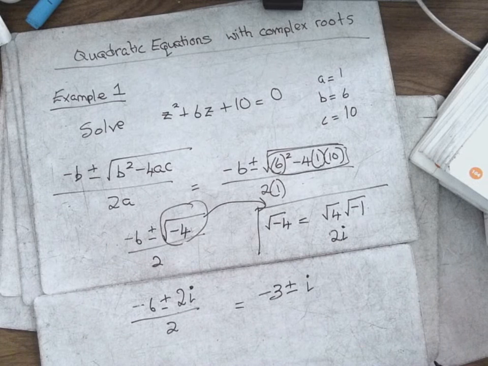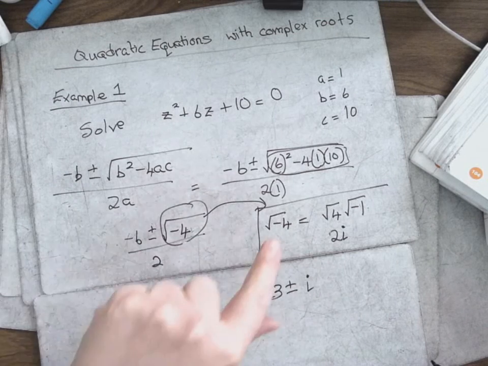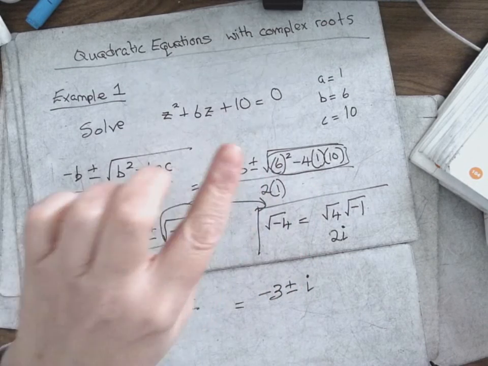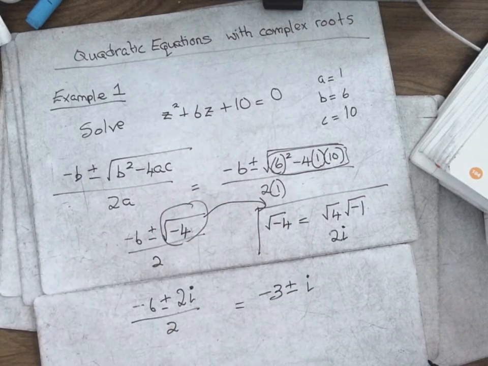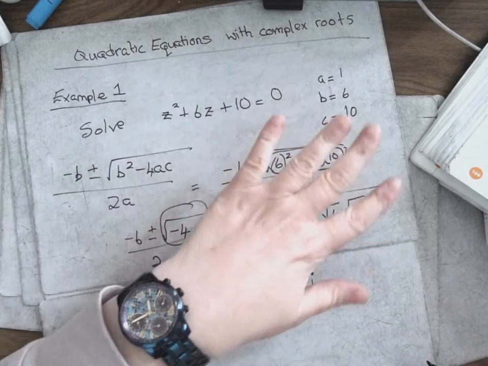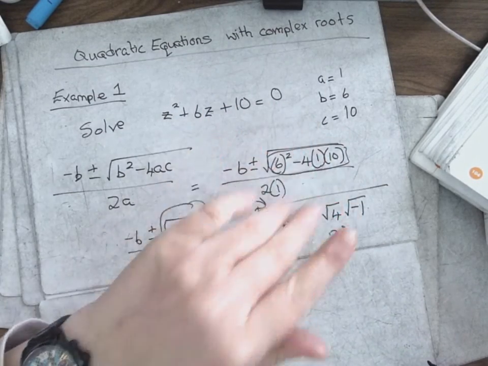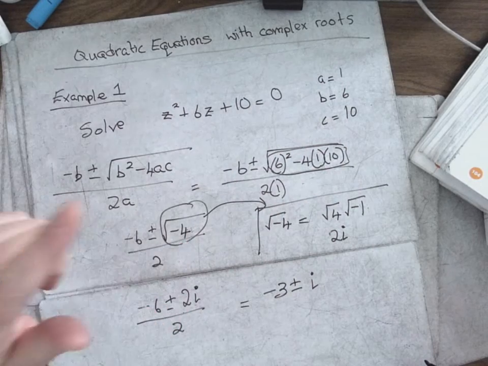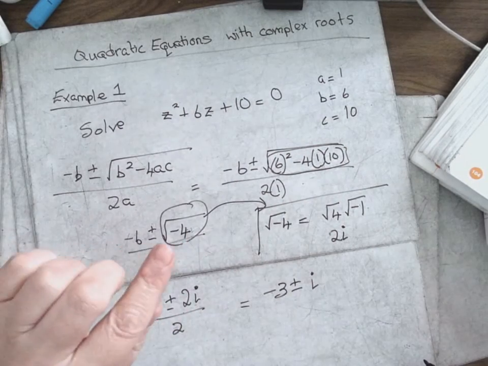Yes. Do you know when you're doing the minus 3 and you got minus 6 plus minus 4, what sign did you put in? You see, when you're doing this on the calculator, you can't put the whole lot into the calculator anymore, because the calculator doesn't do square roots of negative numbers. You'll get an error message.